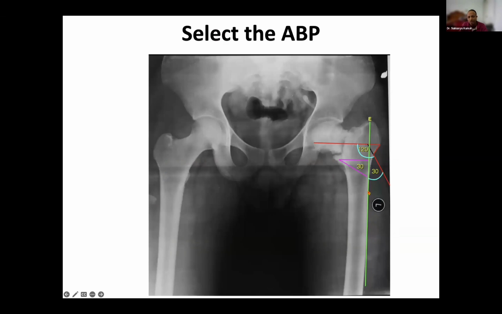Then you draw your lateral cortex, which is the green line, and to that green line you draw a red line away from the lateral cortical line. Once you combine these two lines, that will give a rough estimate of the angle of the blade plate you should be using for entry.